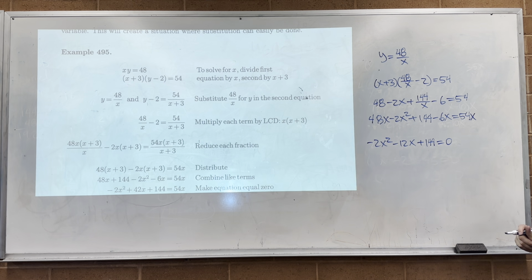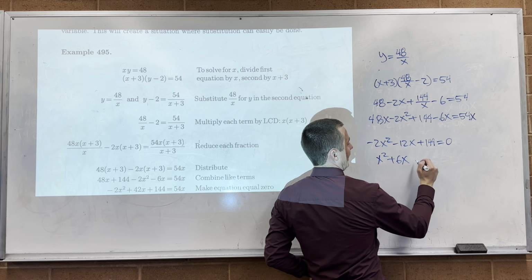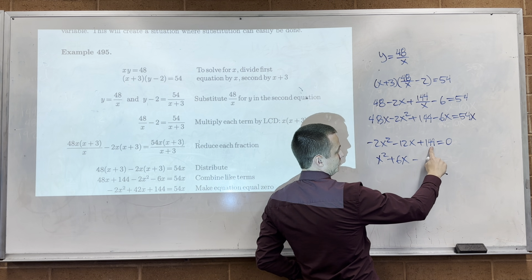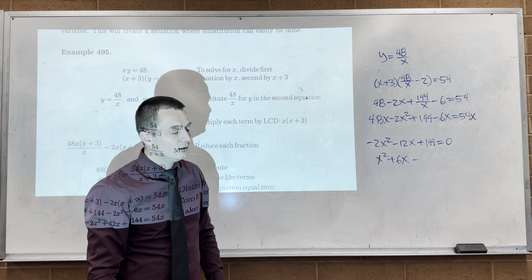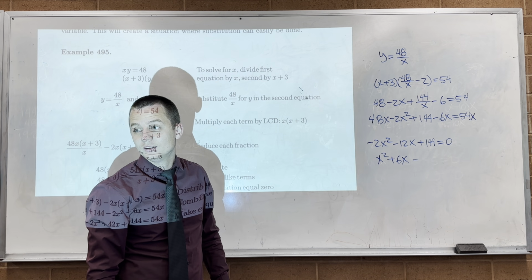equals 0. Good? Divide everything by negative 2, and we get x squared plus 6x minus, what's half of 144? Sorry, that's gotta be 72.